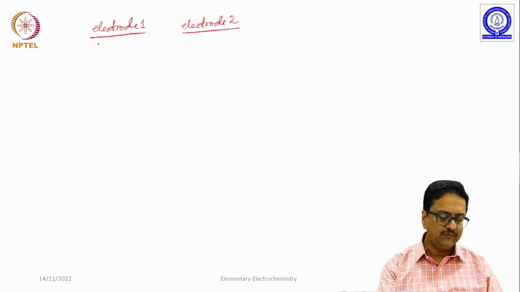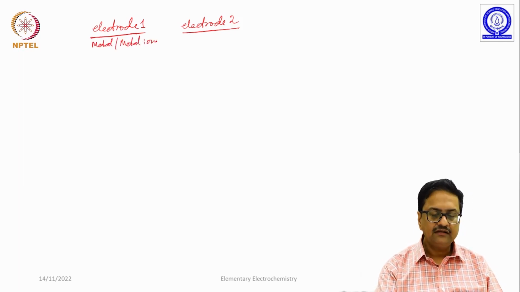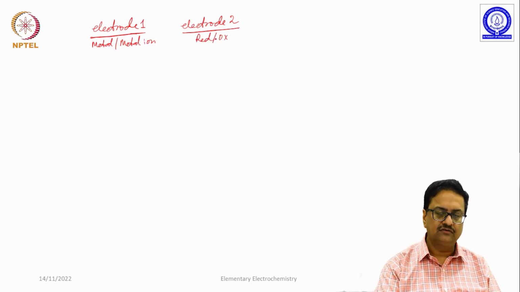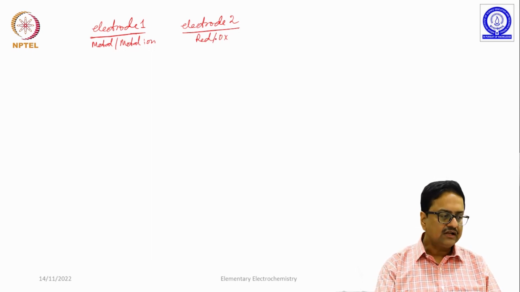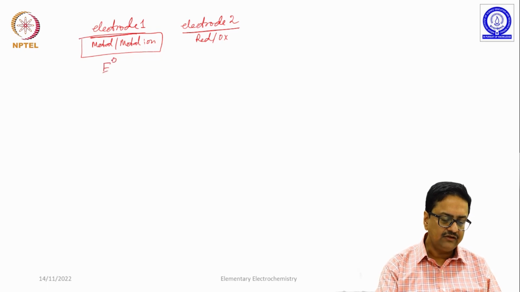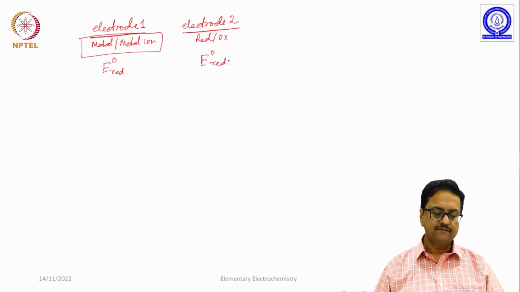So one of the electrodes can be, suppose, a metal ion electrode, and the other can be a redox electrode, which can be coupled together to form a cell. So individually one has to know the E0 value in the reduction mode for this cell and the E0 in reduction mode for that cell.